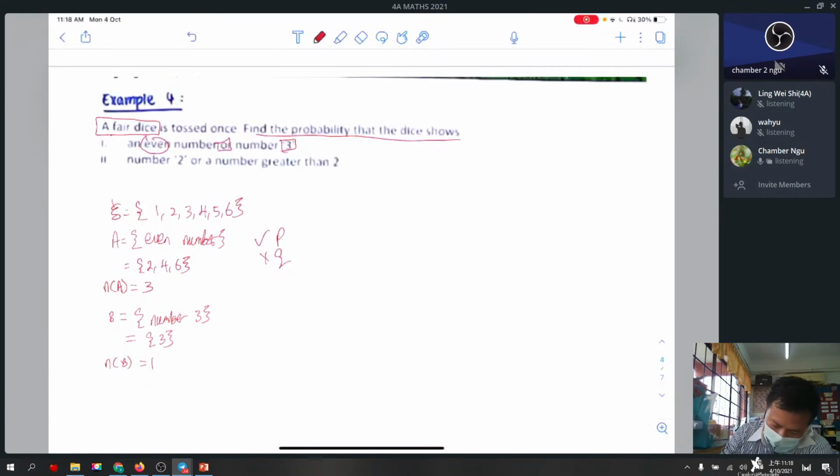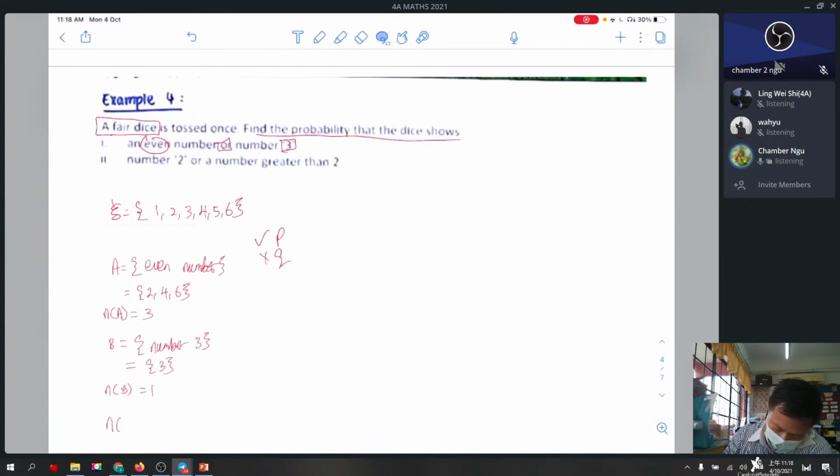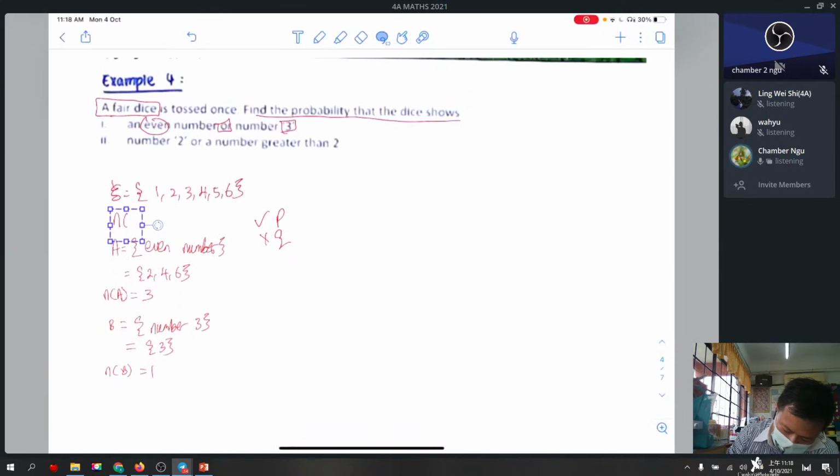Before that, we have to know the total number of the set elements here, which is 6. Okay, good. Hafizah. Orang lain tak jawab ke? Masih ada ke tidak orang dalam YouTube? Ada. Okay, so next one.